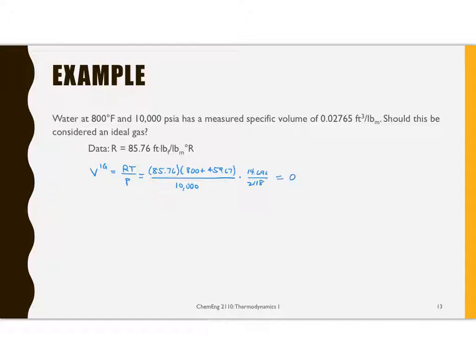And in this case, I get 0.07507 cubic feet per pound mass. Okay, that's the ideal gas prediction. This is the actual value. So no, in this case, this is not behaving as an ideal gas.